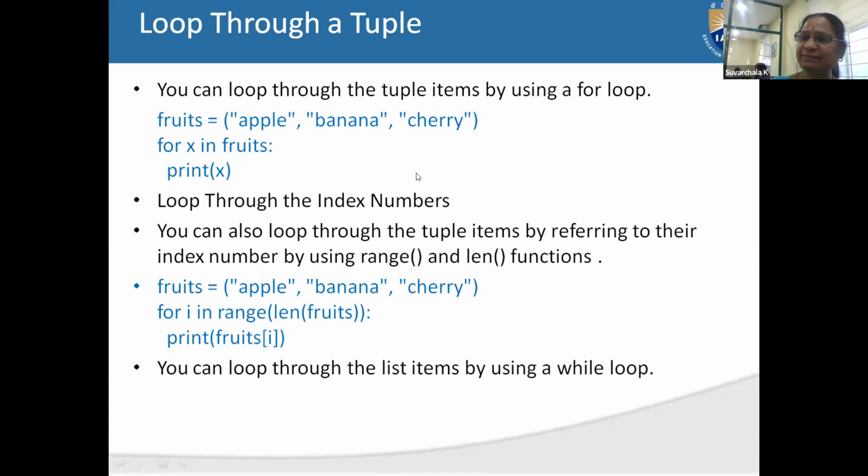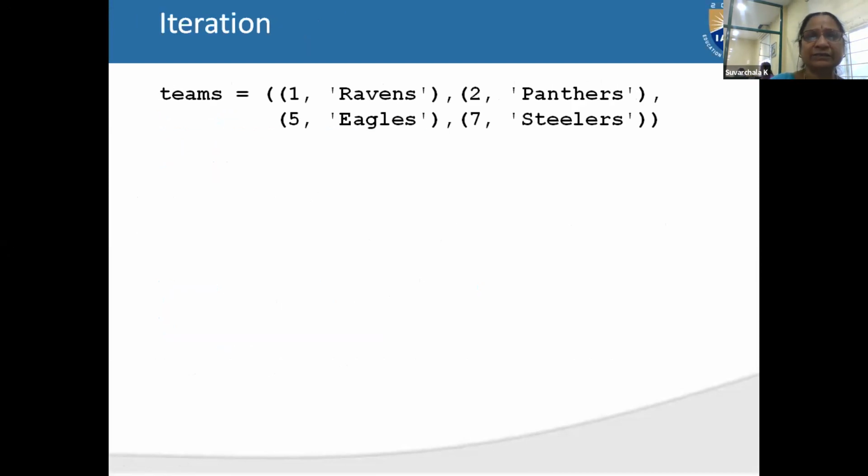Clear how to access elements by using a for loop? Right? So iteration you can do like this also. What is this teams? Teams is a tuple of tuples. Teams is a tuple, but each element is of what data type? A tuple. So teams is a tuple, but the elements of teams are also tuples again.